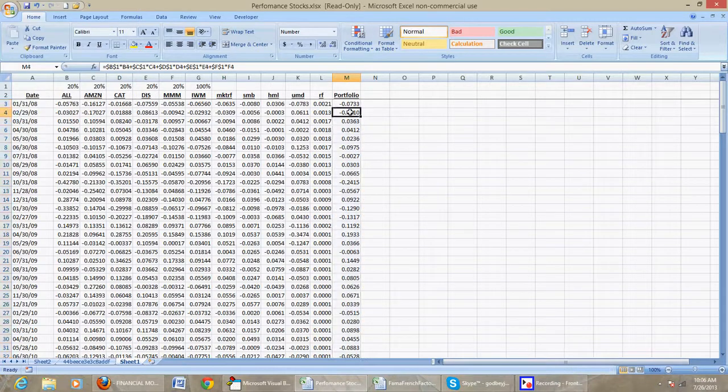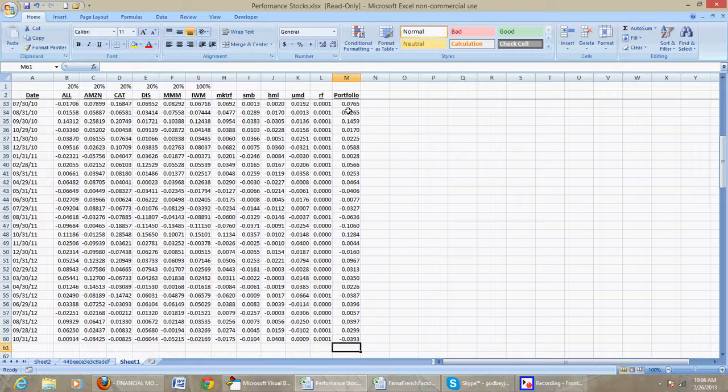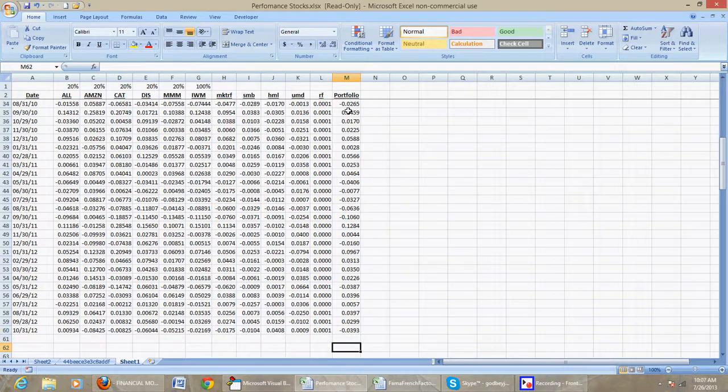Okay, where was I? So here's the portfolio return for each month. But I want to have the excess returns above the risk-free rate. So I subtract the risk-free rate. Click that down. Now these are my monthly returns that are above the risk-free rate.